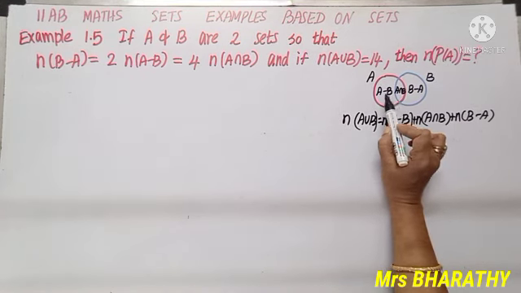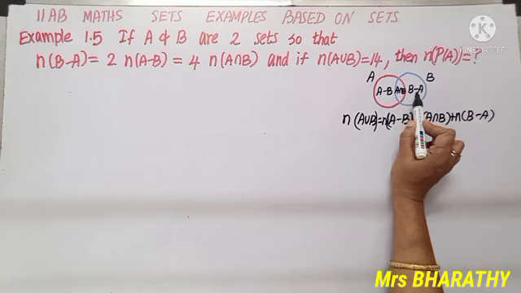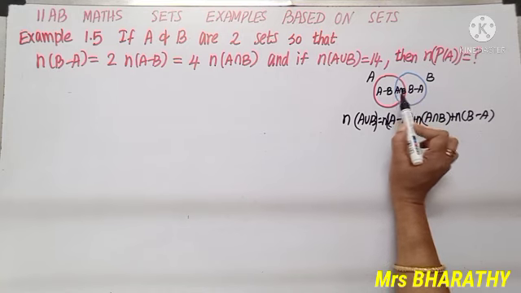A minus B is not touching A intersection B, which is not touching B minus A. So, these three are disjoint sets.